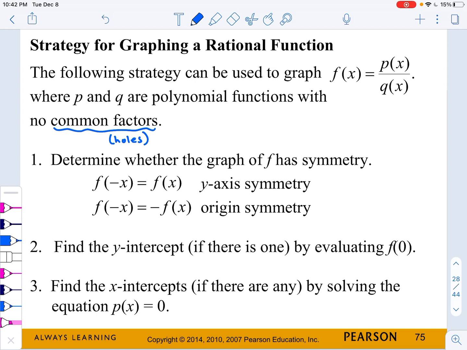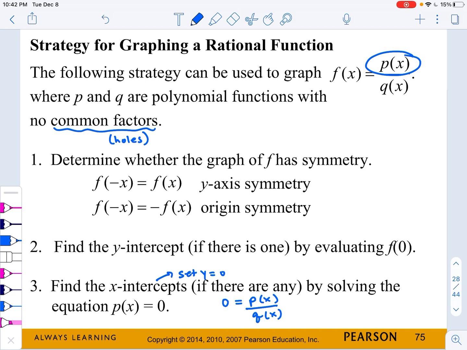Step 3 says to find an x-intercept if there are any by solving the equation p of x is equal to 0. So why are we just looking at p of x, right? p of x is the numerator. If you think about it, if we're finding an x-intercept, that means we set y equal to 0. If y is equal to 0, we have 0 is equal to p of x divided by q of x.